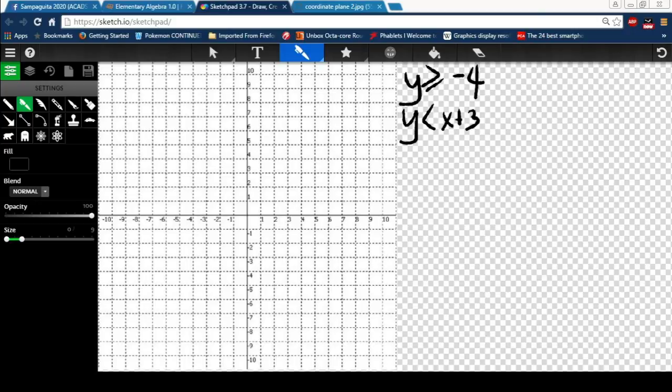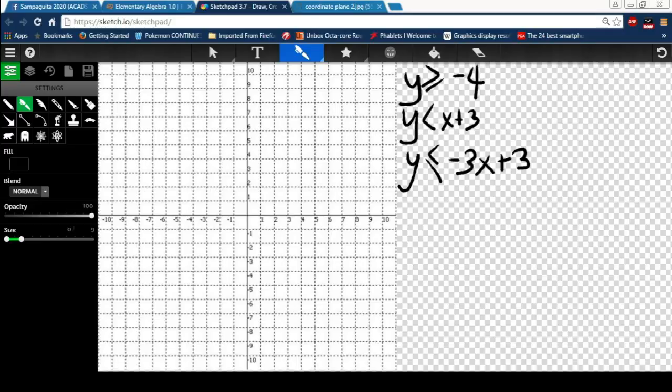And y is less than or equal to -3x plus 3. So all of them are already simplified. It'll be easier for us. So we will start graphing these three inequalities.